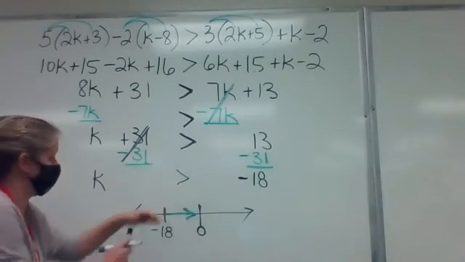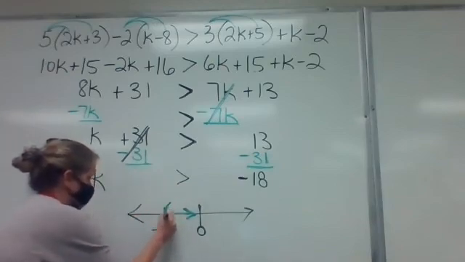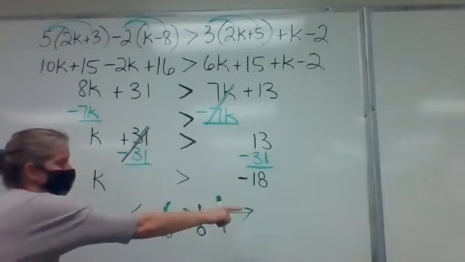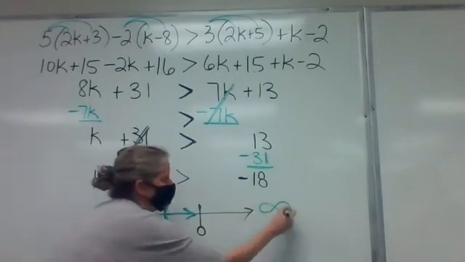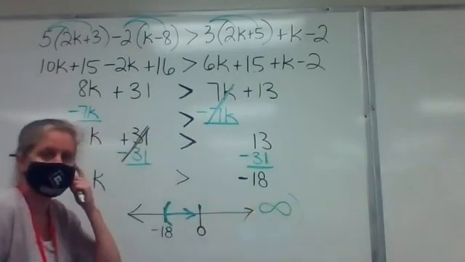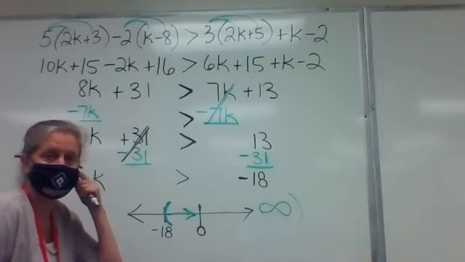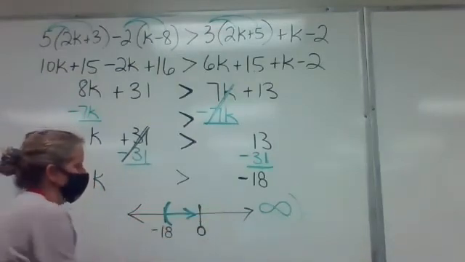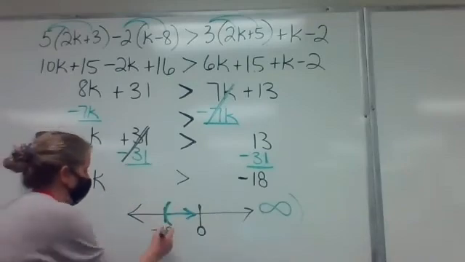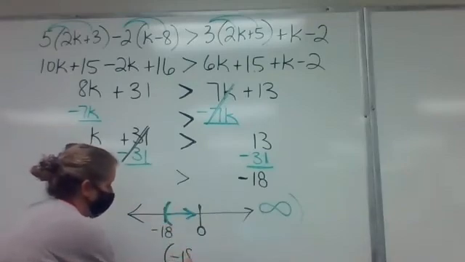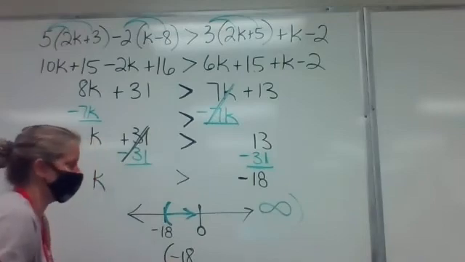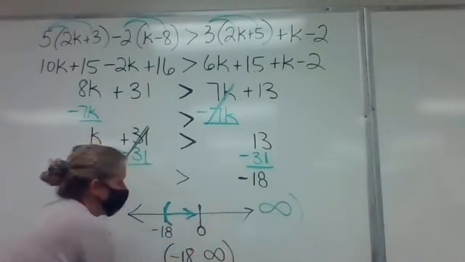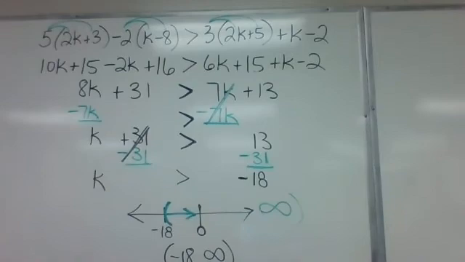Since it doesn't have an equal to bar. Arrows going forever to the right. Go to infinity. So again, there's your interval notation. Now that you see the number line, you just cheat and pull it straight off the number line. So open parenthesis, negative 18 to infinity and close.